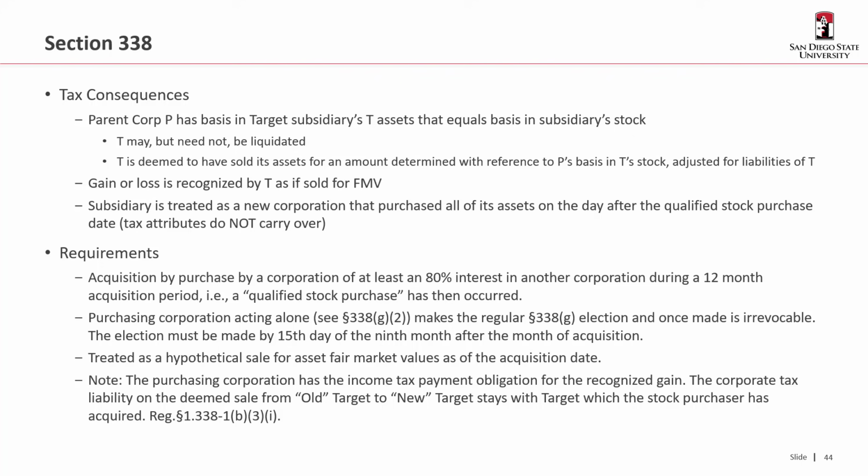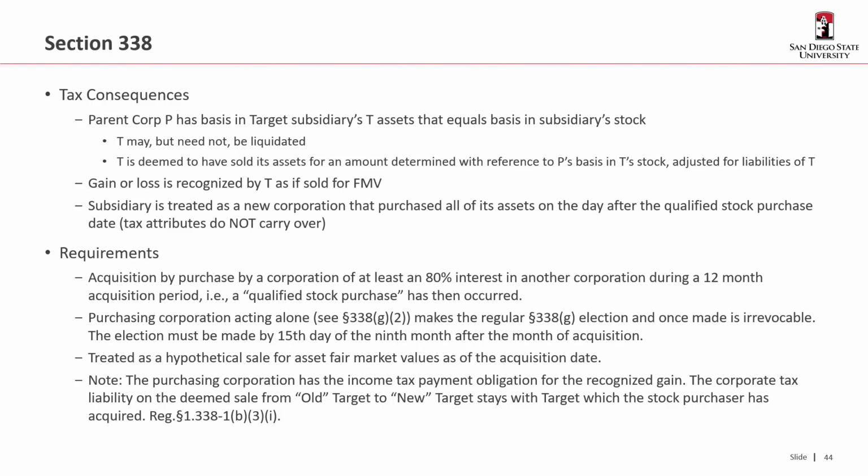P is acquiring shares from the shareholder of T, but we're going to make a 338 election and treat it like an asset acquisition. And the way we do that is through a deemed sale of old target to new target. And the buyer gets whacked with the corporate tax. Let's compare that to how that used to happen. In the acquisition of assets or the liquidation and then the acquisition of assets, recall who got whacked with the tax.